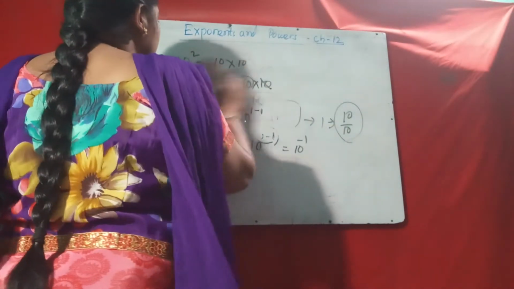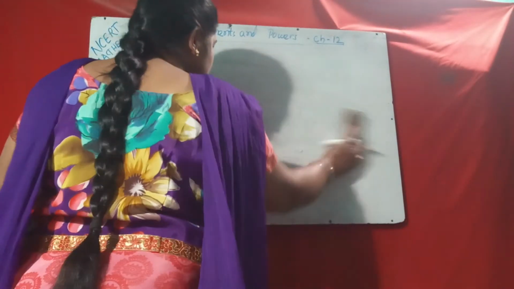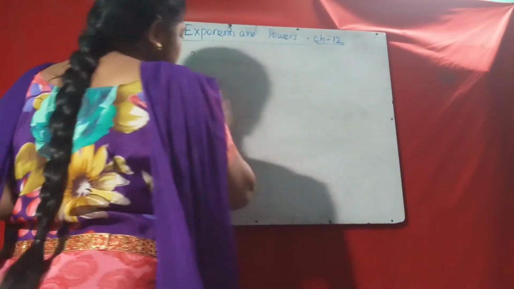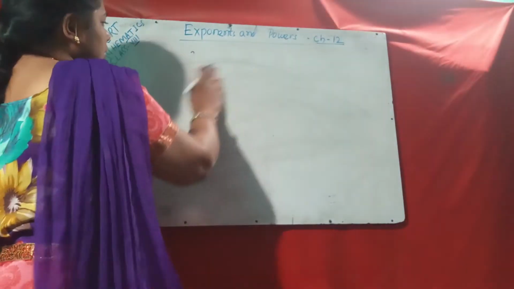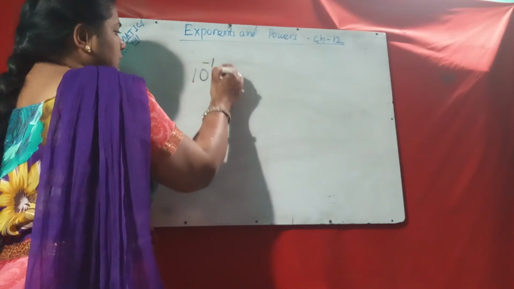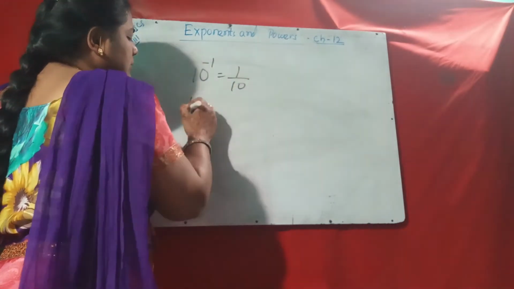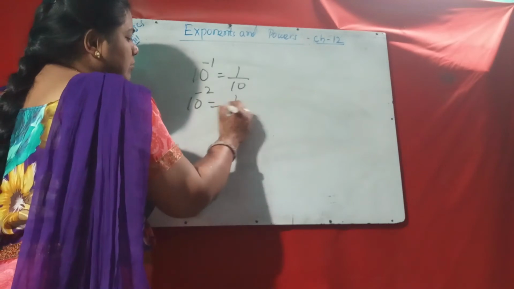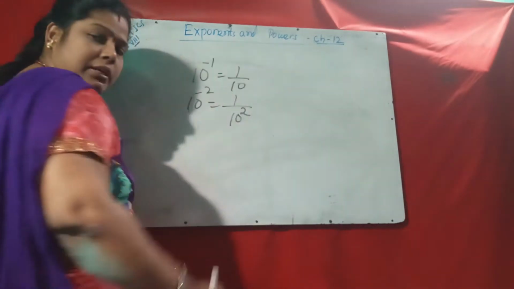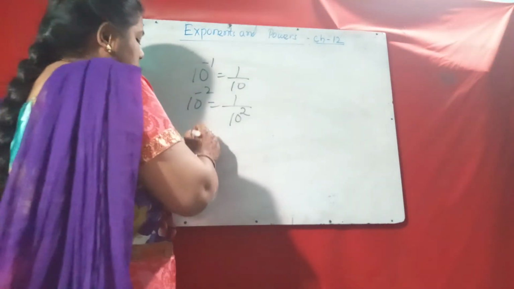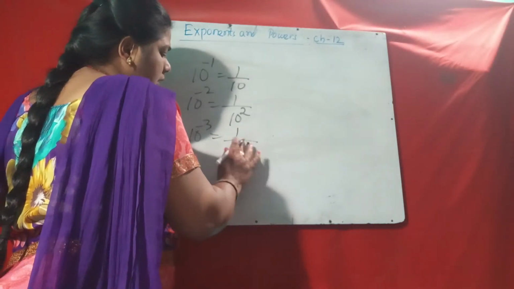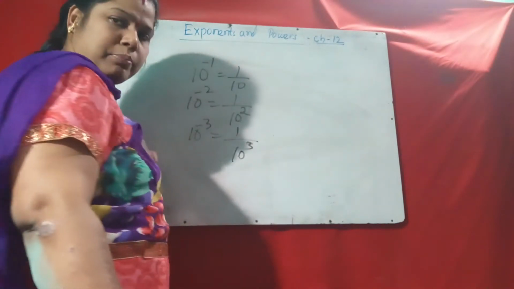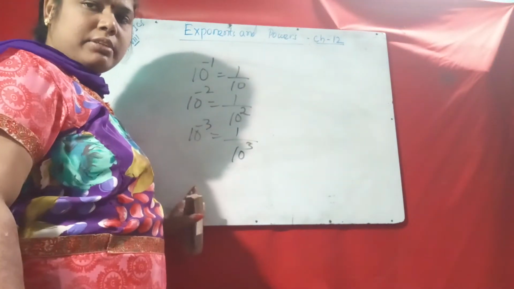Remember that if the power is in negative form, 10 to the power minus 1 equals 1 by 10. 10 to the power minus 2 equals 1 by 10 raised to the power 2. 10 to the power minus 3 means 1 by 10 raised to the positive power 3. Like this you will solve.